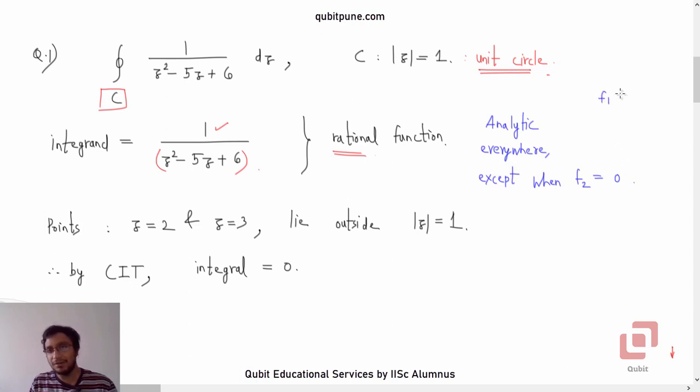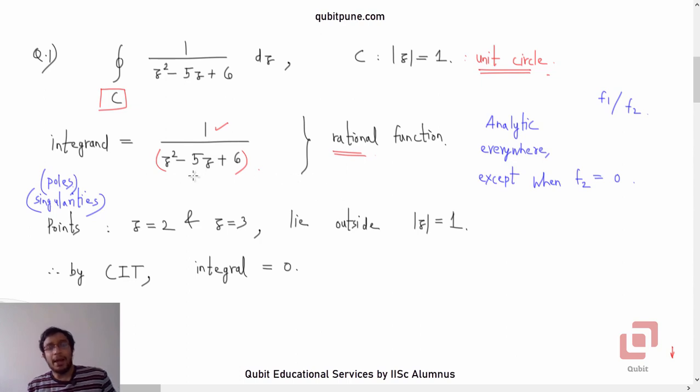So what we will now do is we will try to find out the points, which we call singularities, because at these points the function is not defined, or sometimes they are also called poles.